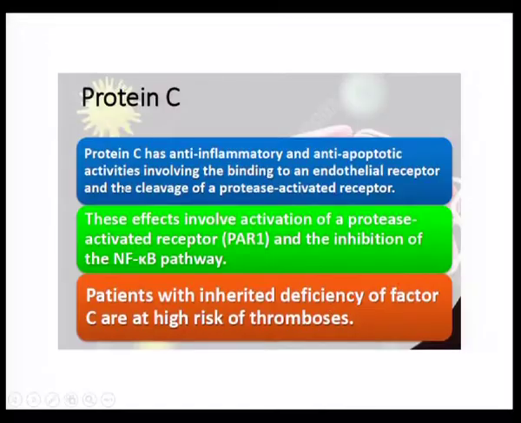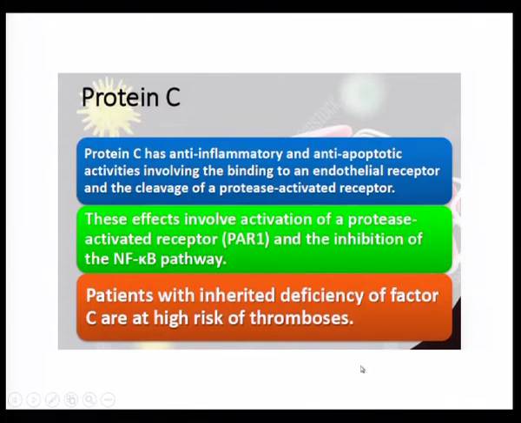So, you see here you find activation of protease activated receptors, what we call PAR1, and the inhibition of NF kappa B, nuclear factor kappa B. So, this is one of the important transcription pathways. So, you see here this protein C has a direct link to the immune responses.